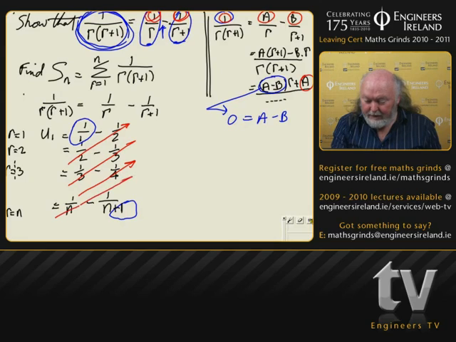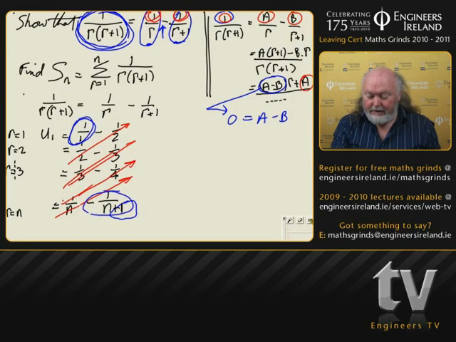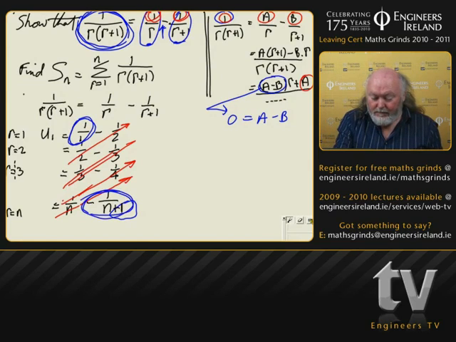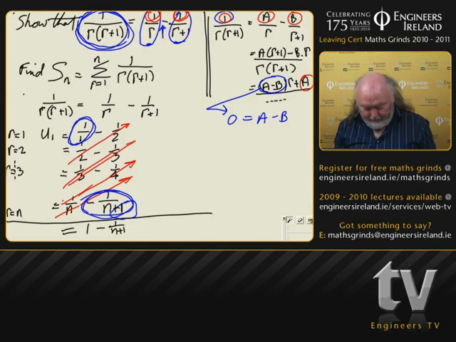This one will be cancelling with the one just above it, and everything up along, they will all cancel away, and now all I'm left with is this guy minus that guy. So when I sum it up, I will get 1 minus 1 over n plus 1.